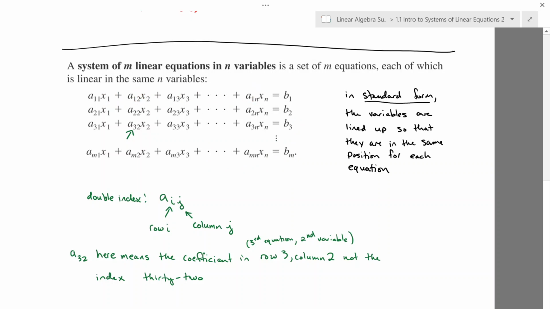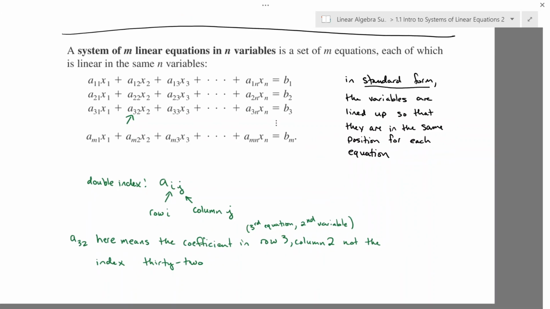So, m equations in n variables. And this system is set up in what's called standard form. It just means that when you're writing out the equations, you want to line up the variables so that they're together: all the x1s appear in the first column, all the x2s in the second column, all the x3s in the third column, and so on. And then all the constant terms are lined up on the right side like this. So this is called standard form for a system of linear equations.